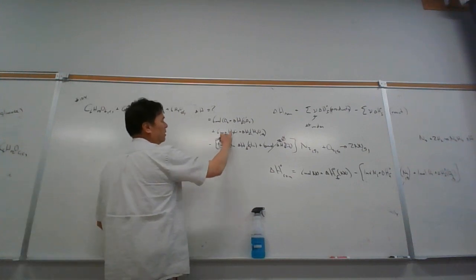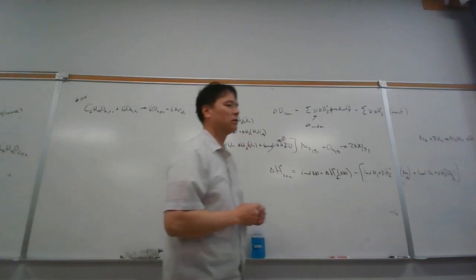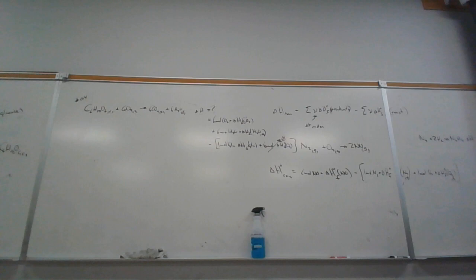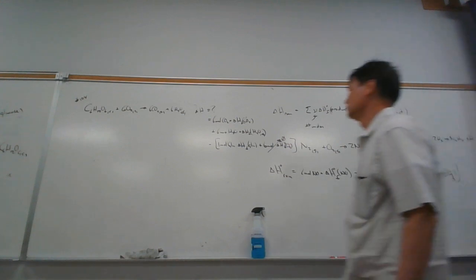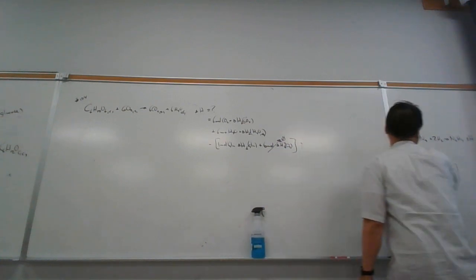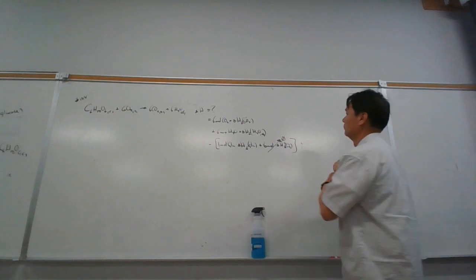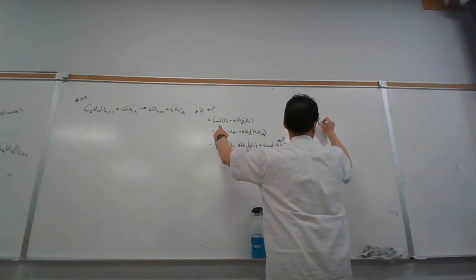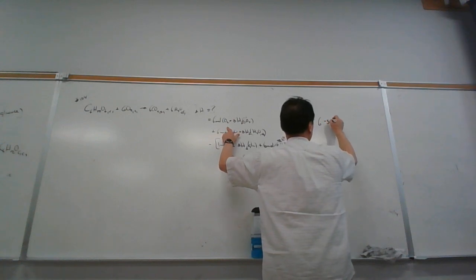So I have to look up the delta H formation of CO2 and the delta H formation of water. So let's do that. Okay, the delta H formation of CO2 gas is minus 393.5. So this is going to be 6 times minus 393.5 kilojoules.